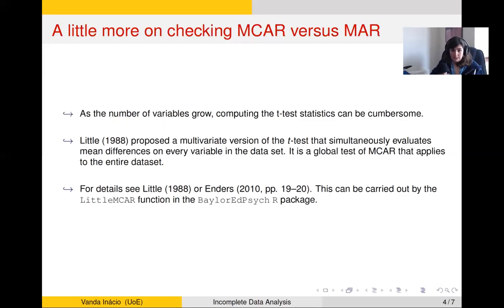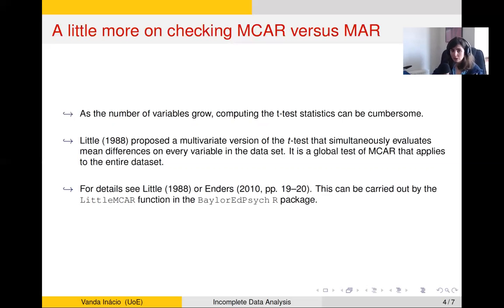And in order to avoid this, Little in 1988 proposed a multivariate version of the t-test that can simultaneously evaluate mean differences on every variable in our data set. So rather than doing it variable by variable, Little's procedure does it globally, and it's a check for missing completely at random that applies to the entire data set.